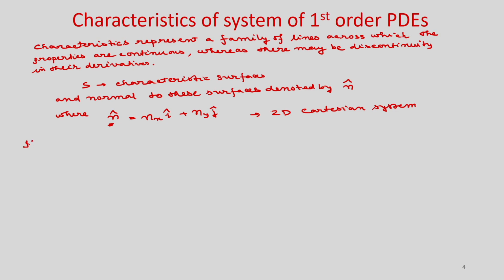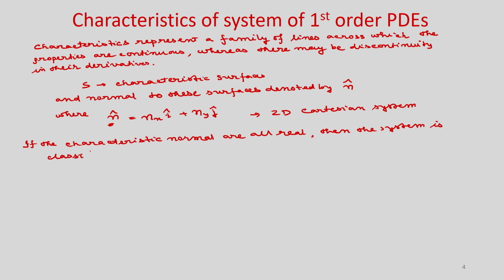So, if the characteristic normals are all real, then the system is classified as hyperbolic. Okay.